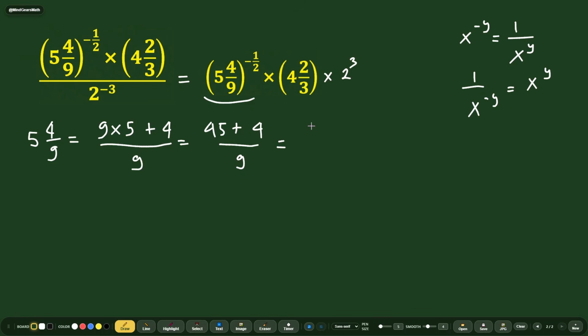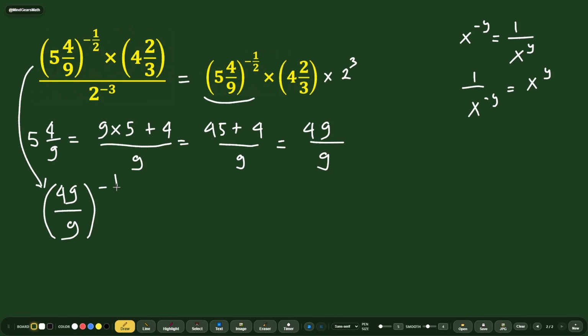So the equation becomes the improper fraction 49 over 9. So now the equation becomes 49 over 9 to the power of minus 1/2.